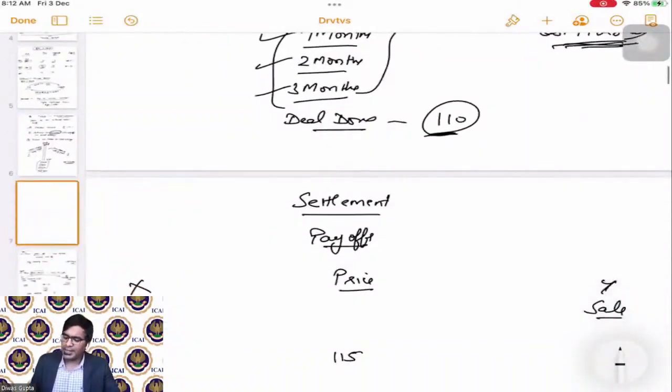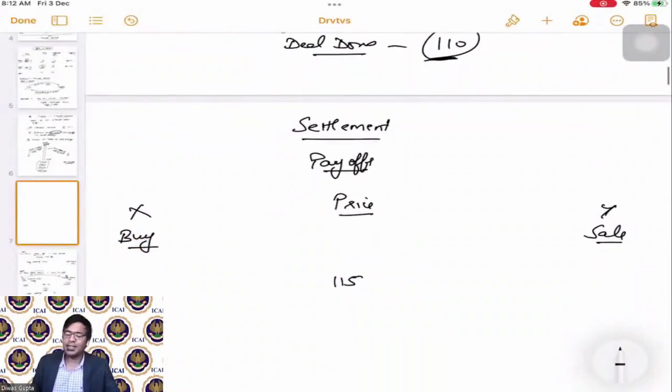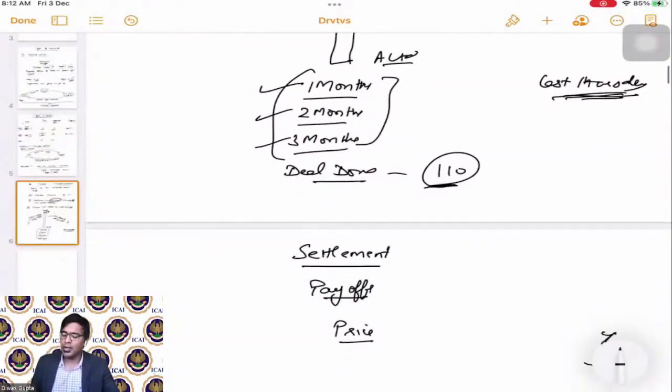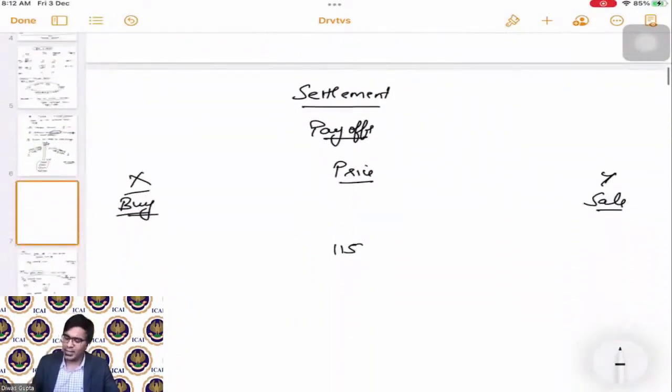So if the deal happens at 110 and the price is 115 in the open market, X will be very happy. Because X will say, due to this purchasing of futures, I am able to purchase the stock after the expiry at 110. So there is a 5 rupees gain that X will have, and there is a 5 rupees loss that Y will be at. Because what does this future for Y mean?